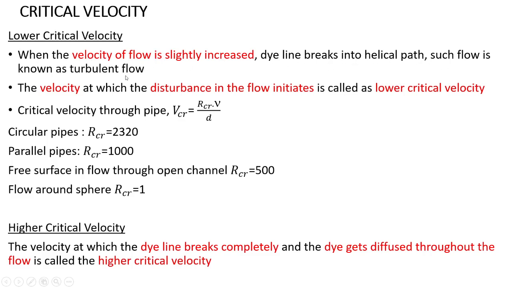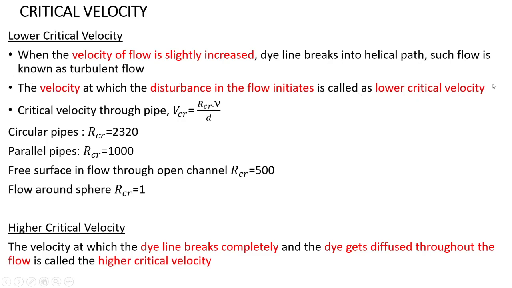Such flow is known as turbulent flow. When the velocity of flow is increased, the dye line breaks and gets mixed with the flow. At that time the flow is called turbulent flow. The velocity at which this disturbance in the flow initiates is called the lower critical velocity.